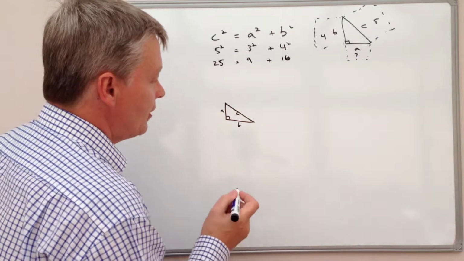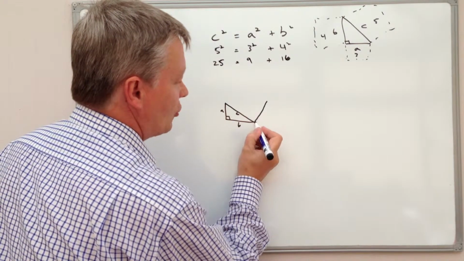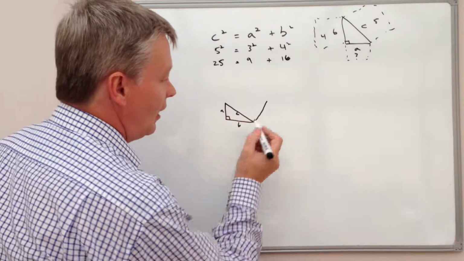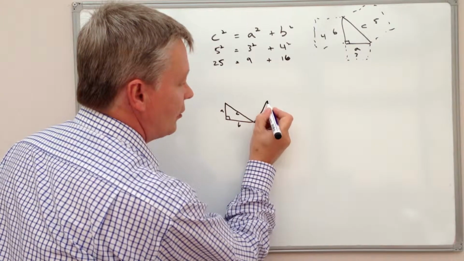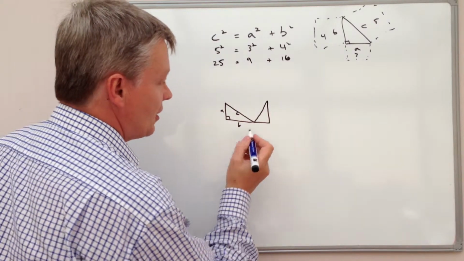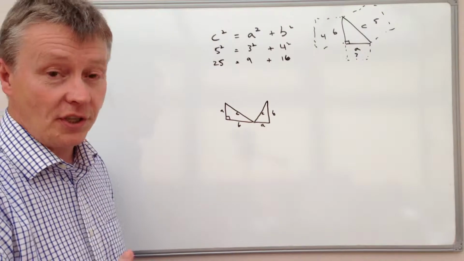So the way that we would do that is that we would take another right angle triangle which is exactly the same size, lay the hypotenuse along there and create a shape like that, which also has side A, side B and side C, which is the hypotenuse.